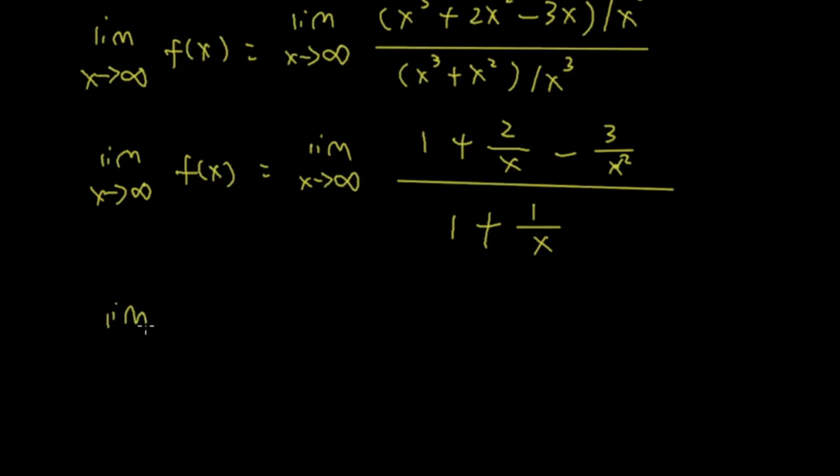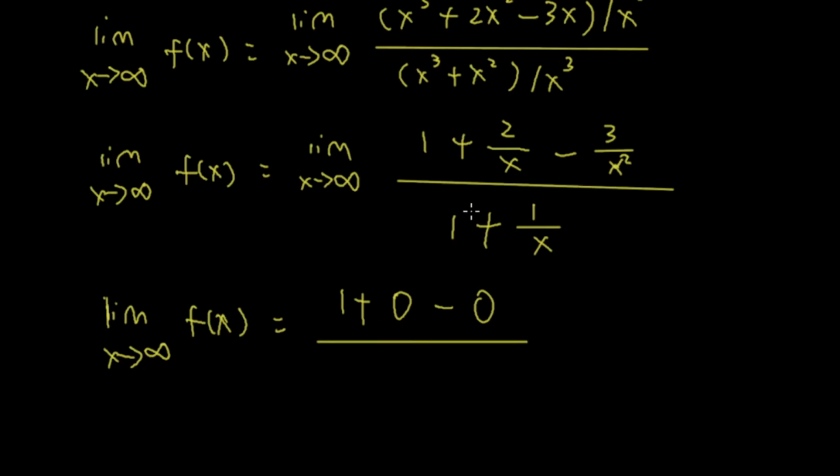Limit as x approaches infinity, f(x) is equal to, now let's do this. 1 is not affected. Now if you put infinity into x here, 2 over a very, very large number is close to 0. Minus, now if you put infinity here, it's infinity squared, and 3 over a very, very large number is close to 0.